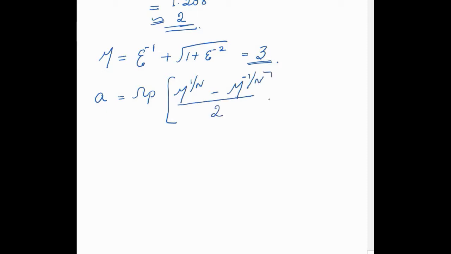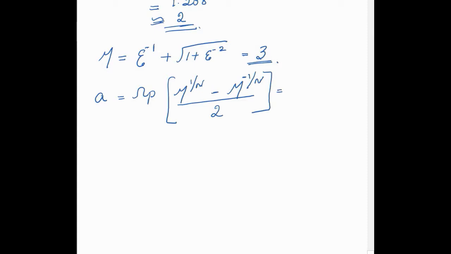Okay, and the axes a and b are the major and minor axis. So a is equal to omega p into mu raised to 1 by n minus mu raised to minus 1 by n, divided by 2.